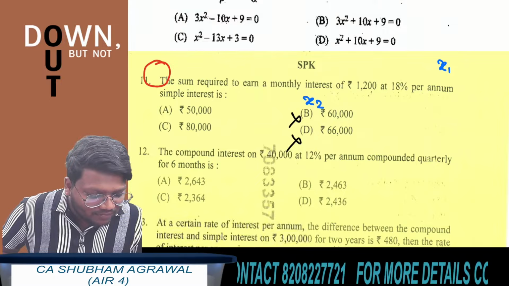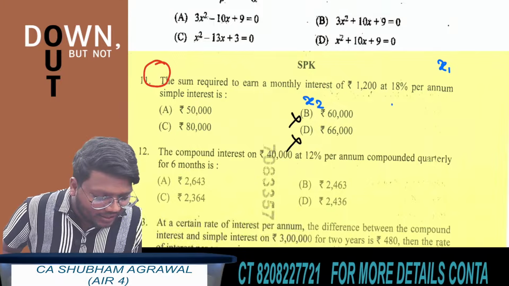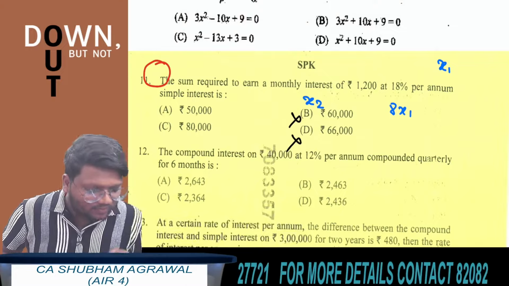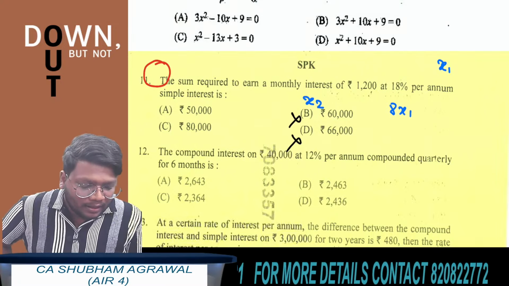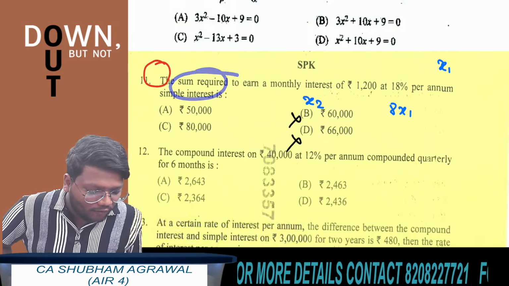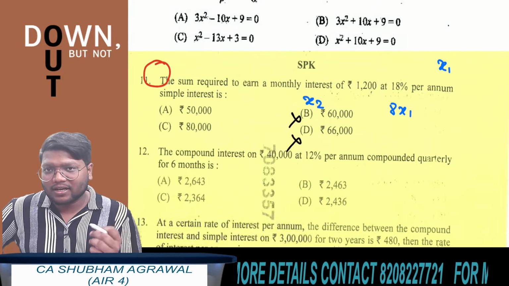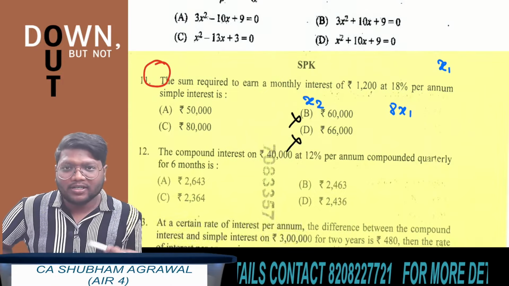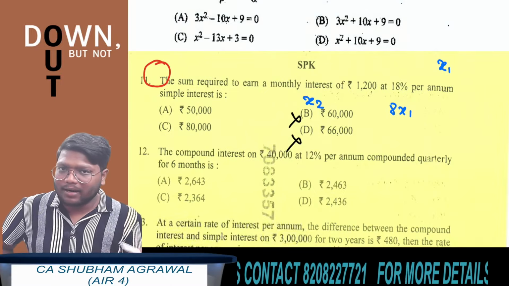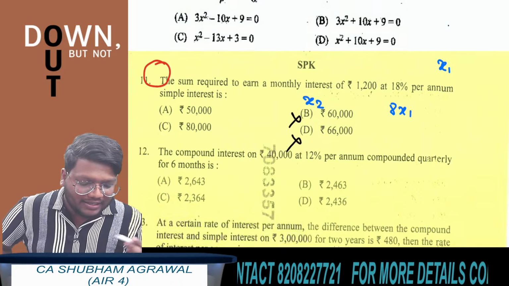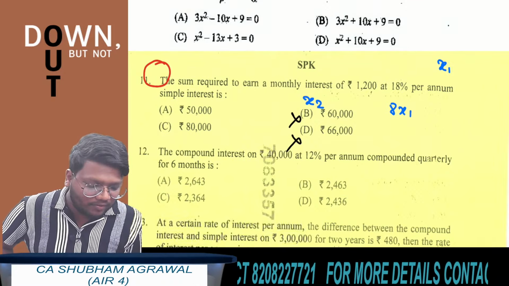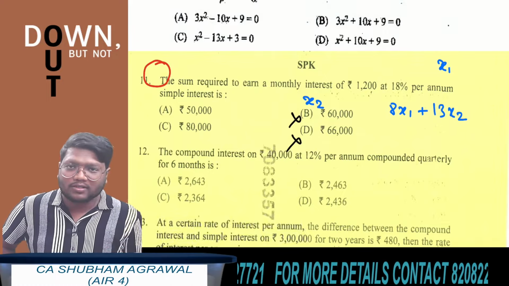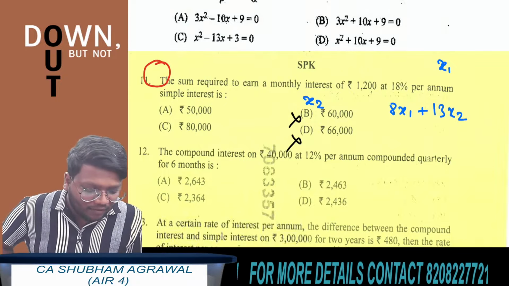So by selling x1 units of product A, the profit generated from product A will be 8 multiplied by x1, which is 8x1. And the profit generated by selling x2 units of product B will be 13 multiplied by x2. So the total profit generated by selling both the products is 8x1 plus 13x2. And we have to maximize this profit.